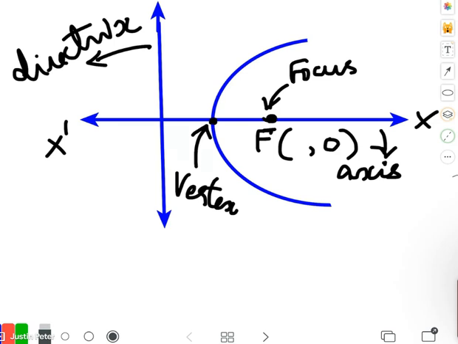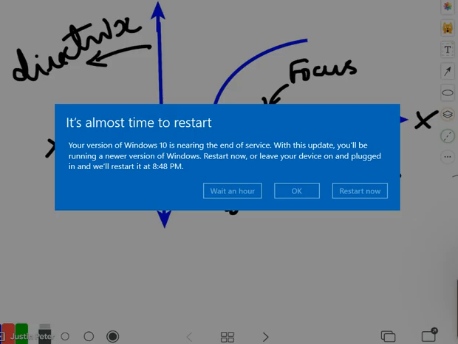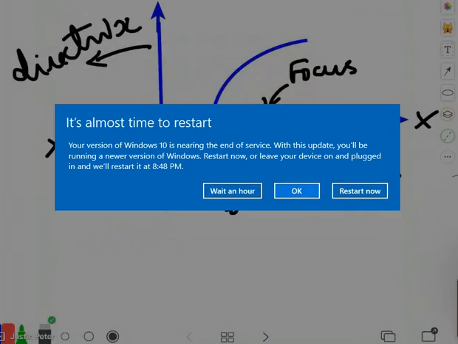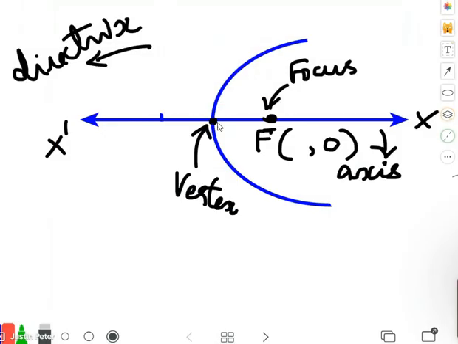If the focus is at the origin, let's say we are moving the origin. Suppose we have the vertex at the origin.